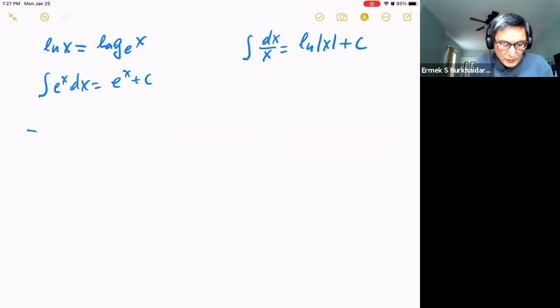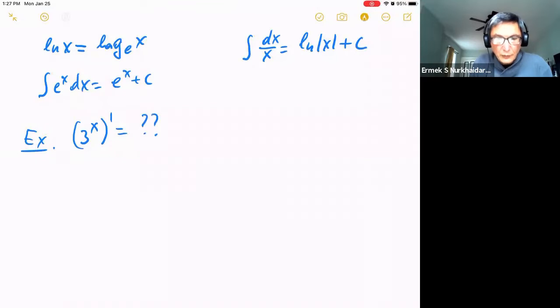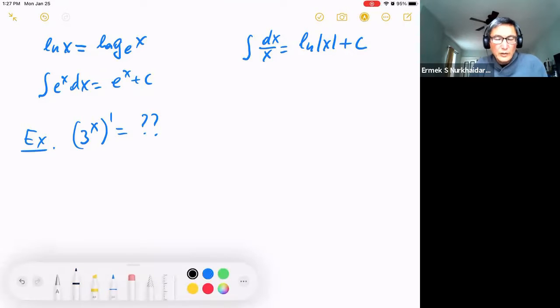As the first comment, if I want to find the antiderivative of 3 to x, let me try to address that situation. What I'm going to do is use the property that natural log is the inverse function of e to x.